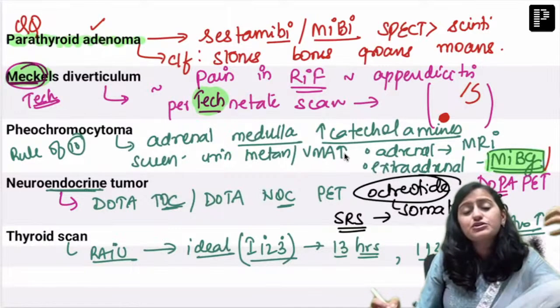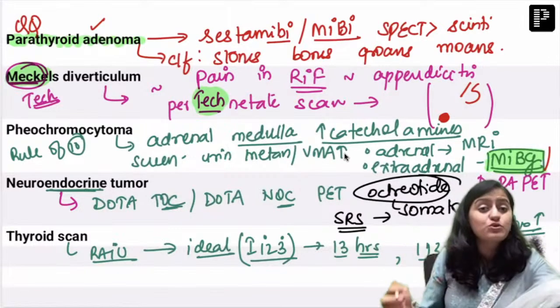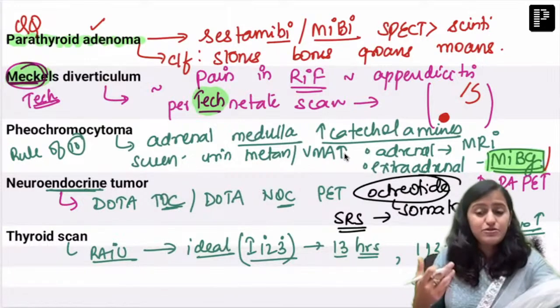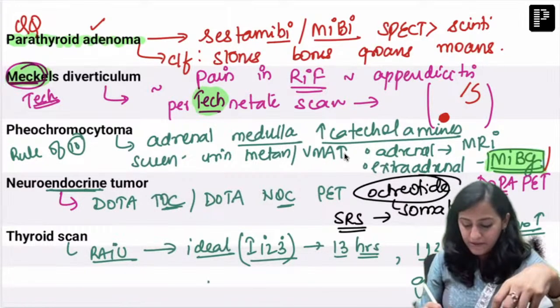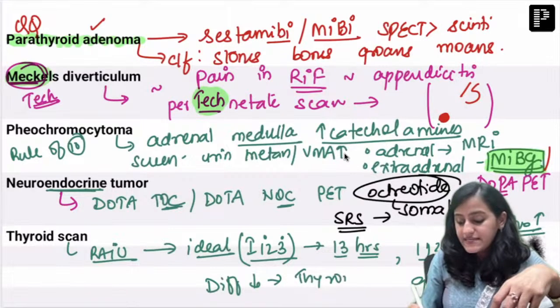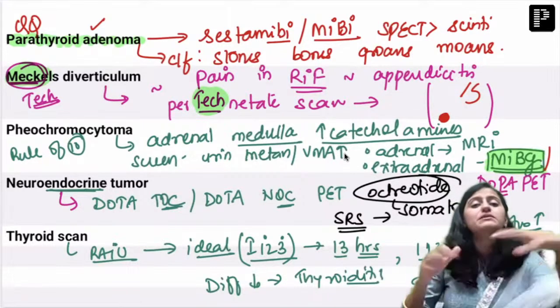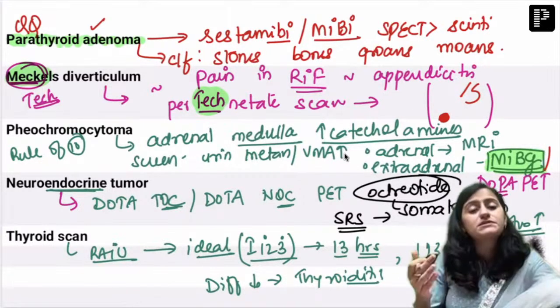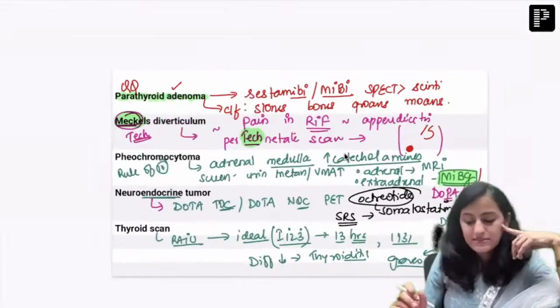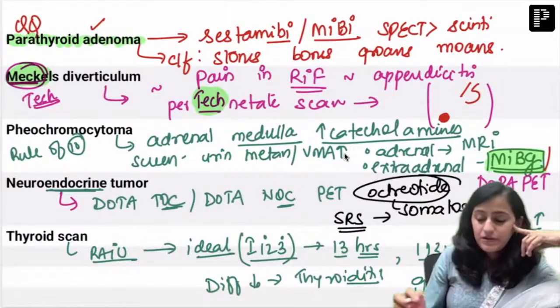In what condition do you see the thyroid is very active? Thyrotoxicosis, that is Graves' disease. Where do you see diffuse decreased uptake? In thyroiditis, where the whole thyroid has burnt out and there is hardly any uptake. Thyroiditis has diffuse decreased uptake; Graves has diffuse increased uptake.